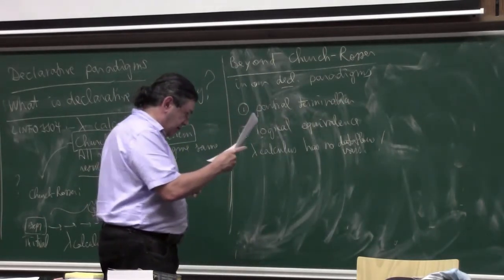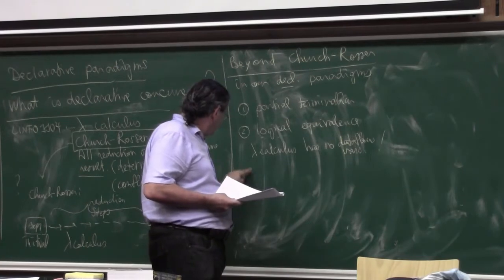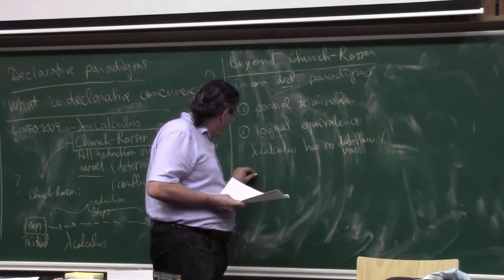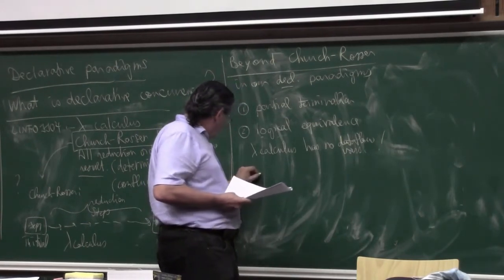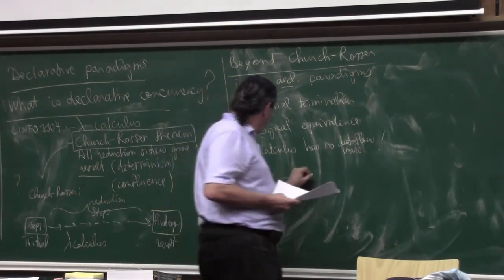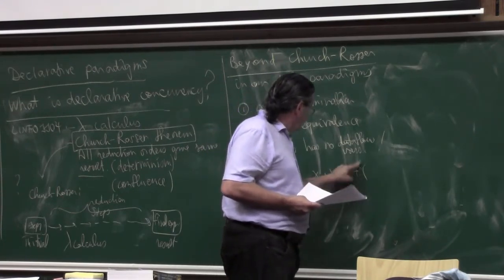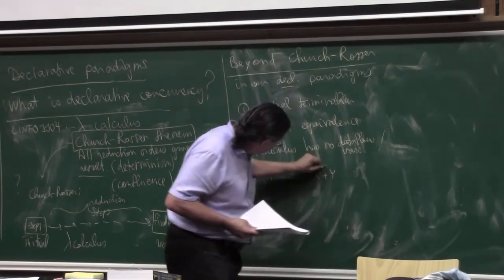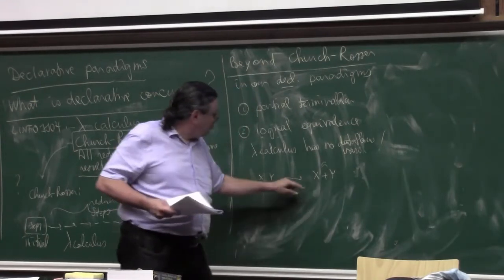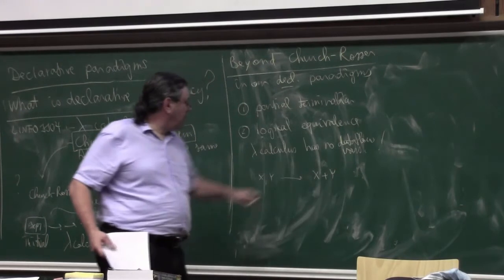So for example, I have inputs x and y, and I'm doing x plus y. So the function is addition. Okay, I'm doing an addition here. x plus y. This is my function. That's the output.